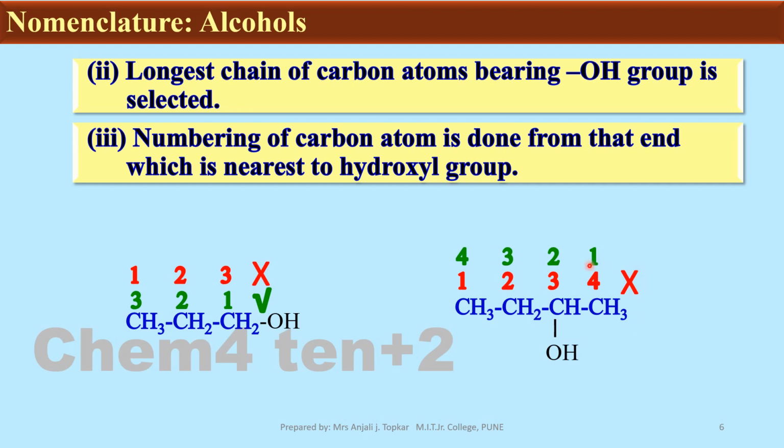We have to number it in this way. Why is it so? Because numbering of carbon atom is done from that end which is nearest to hydroxyl group. So this end is close to hydroxyl group, so we have to start numbering from this end, as it can be seen here.